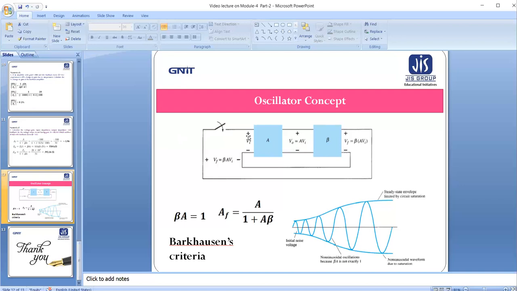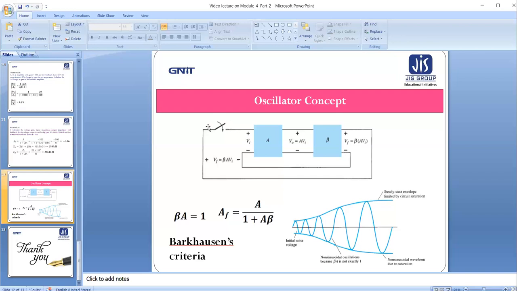So that means VI and VF are in the same phase, which was opposite in the negative feedback. There, VI was the phase reversal of VF, but here VI and VF are in the same phase.